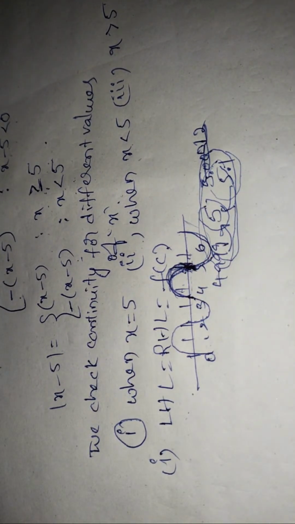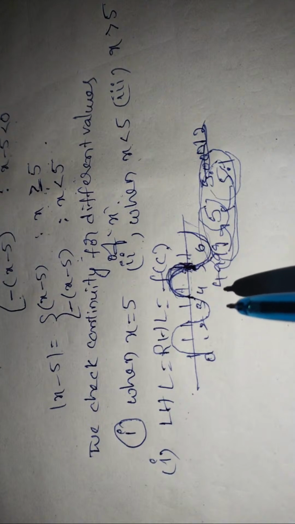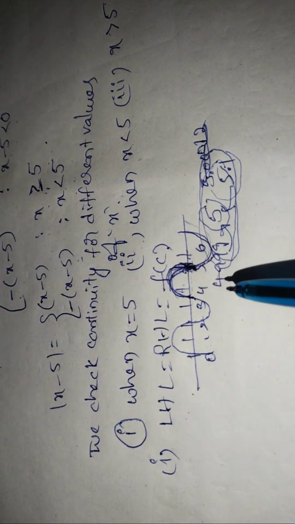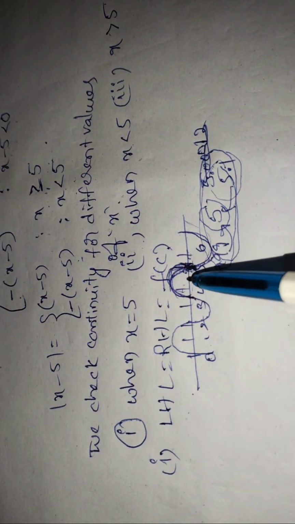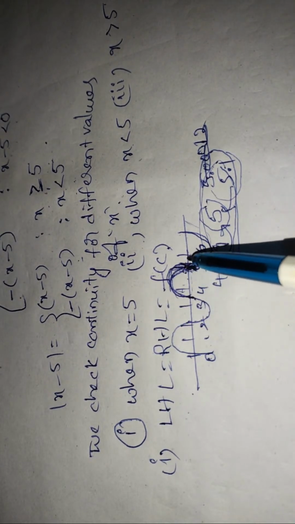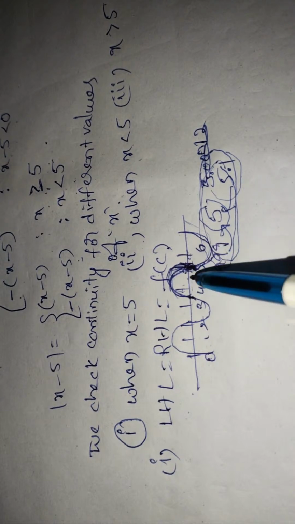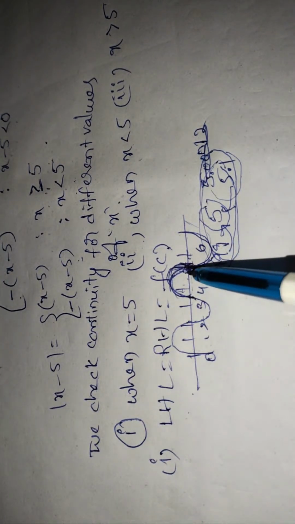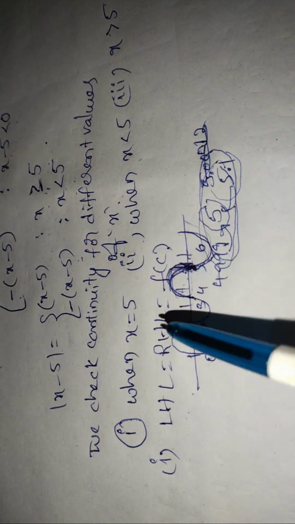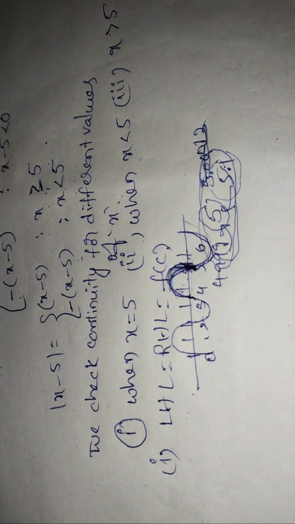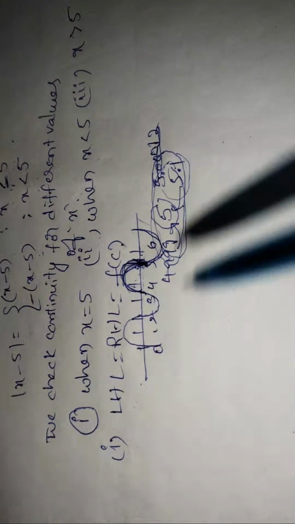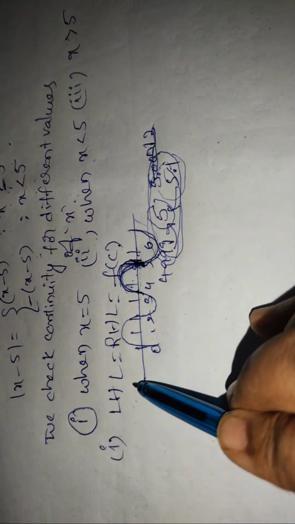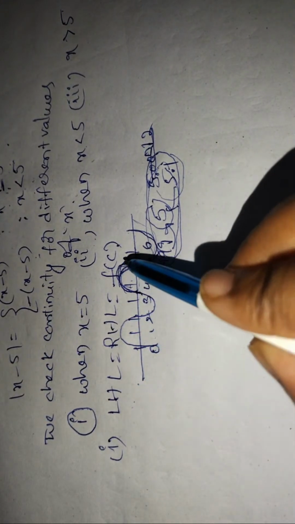Can you understand this? Is it okay? Exactly at this point, before the point and after the point, when the three are equal, then it is continuous. Okay, so based on this we will start that problem. So what is the formula? Exactly at x equals 5 means LHL is equal to RHL is equal to f of c.